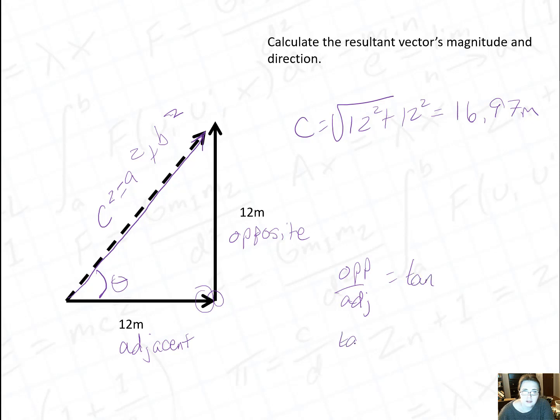So tangent of theta is equal to 12 over 12. And we're looking for theta, so to get theta by itself, you have to put tan to the minus 1, inverse tangent, on both sides. So then it's inverse tangent of 1, and that's 45 degrees.